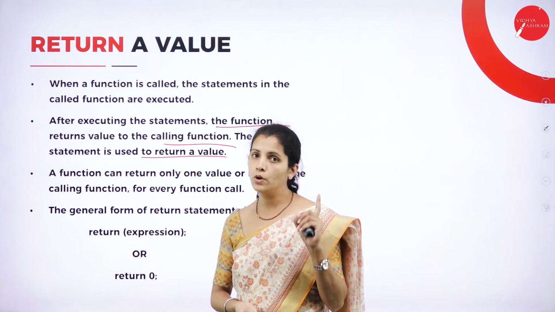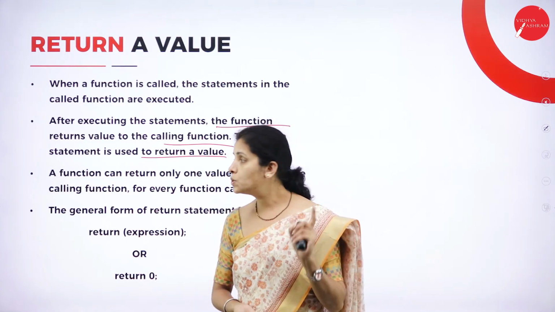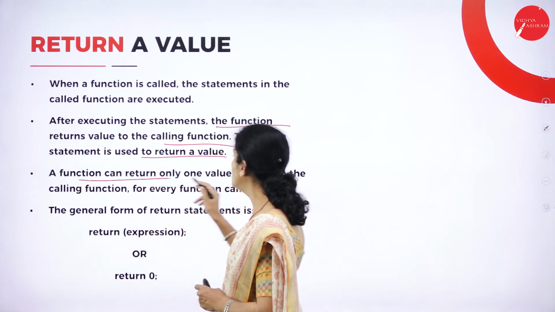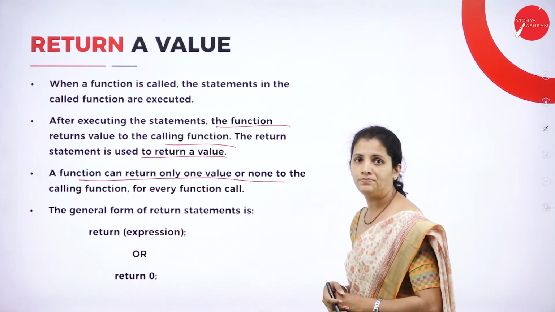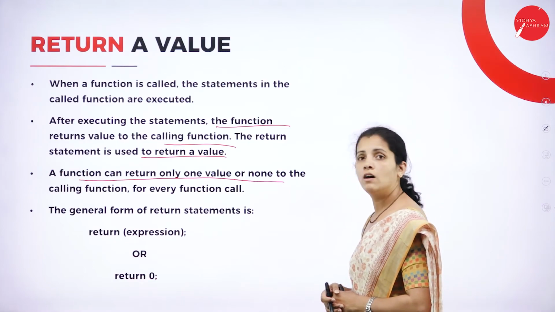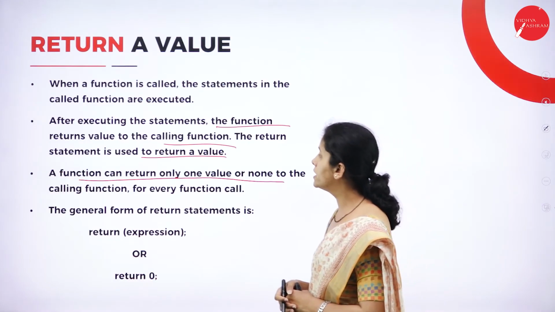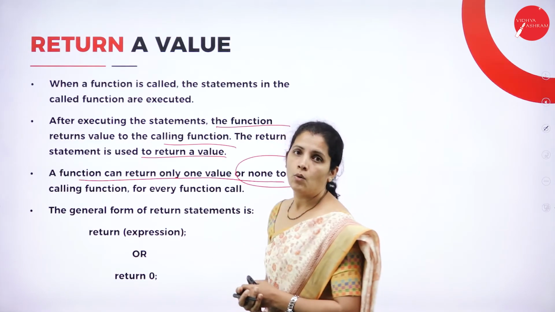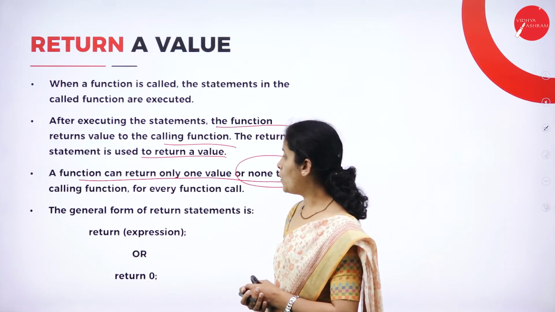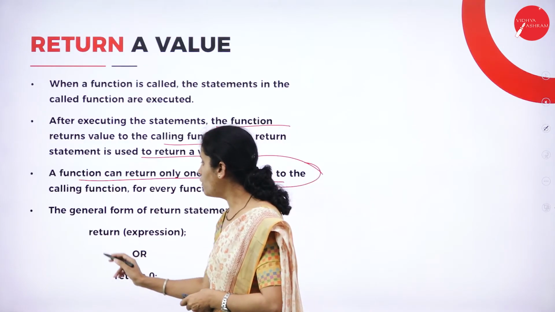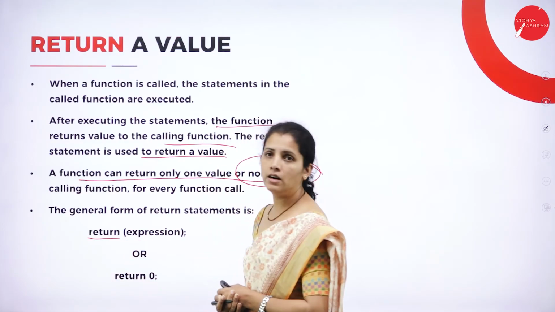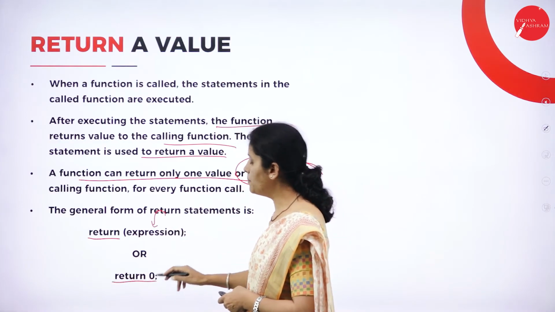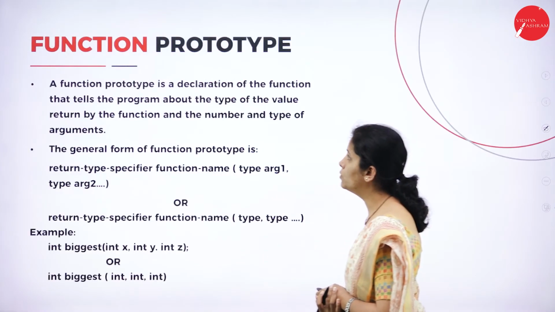So why am I going to use the return statement? To return the value, and a function can return only one value. So dear student, a function can return only one value or no value. The general form is the return keyword and an expression, or I can use return 0.